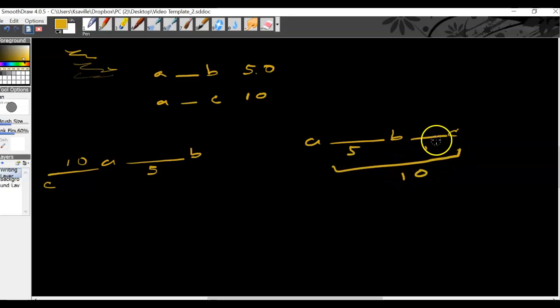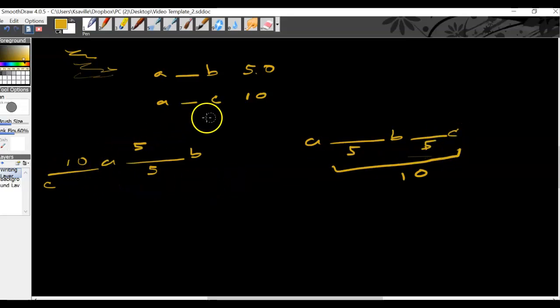If that were the case, then this would be 5. In this case, we knew that A and B were 5, and then we showed that A and C were 10. And it's possible that B is right here, making B and C 5. That would add up to 10.